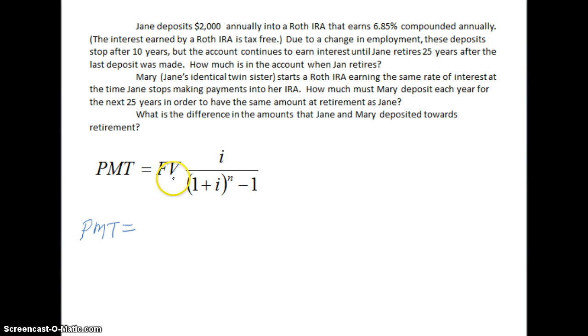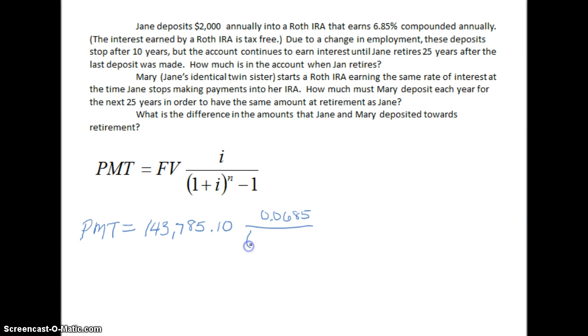The future value, well, I want it to be the same amount that Jane had at retirement. So I'm going to fill in that amount from the previous slide. $143,785.10 is how much we want this to be worth. Our interest rate, we said we're using the same interest rate, so 0.0685.